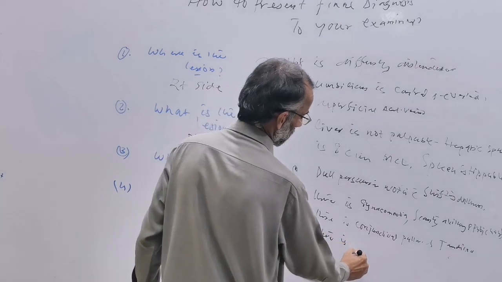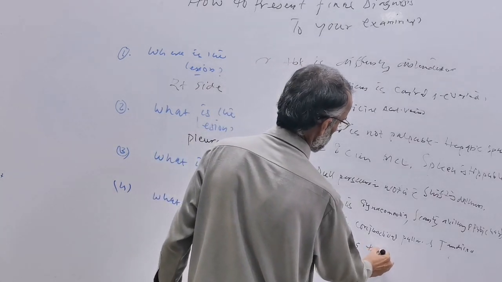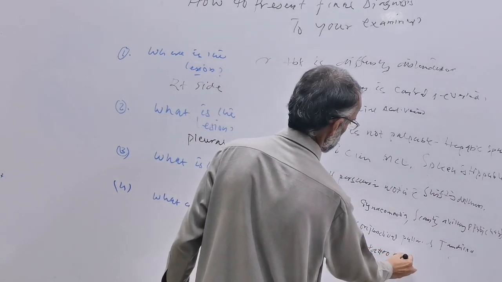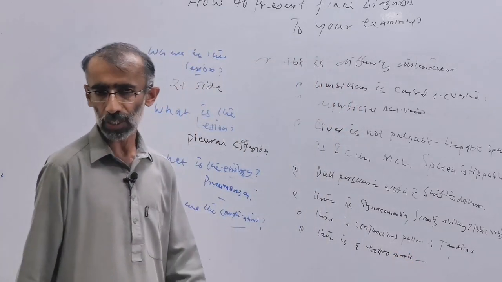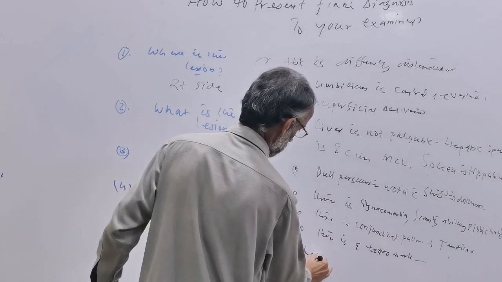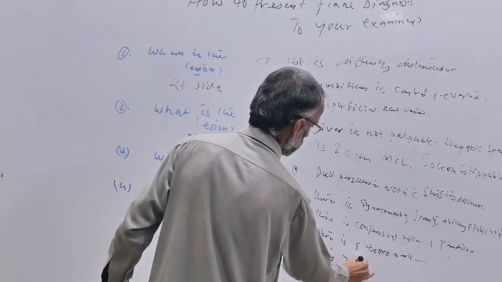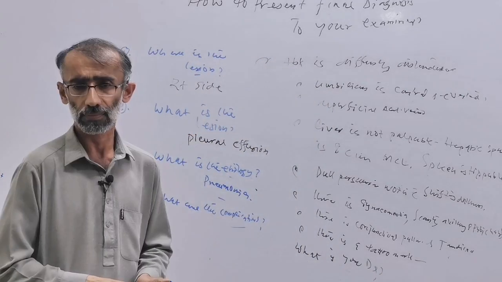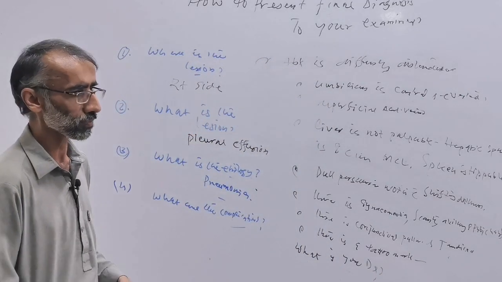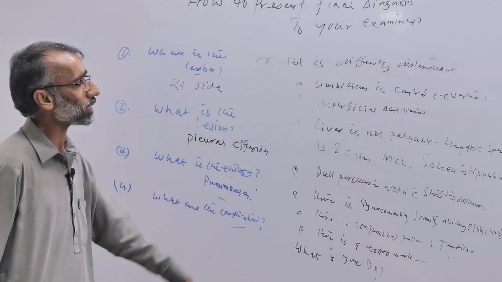There is a tattoo mark on the right forearm of the patient. What is your clinical diagnosis?